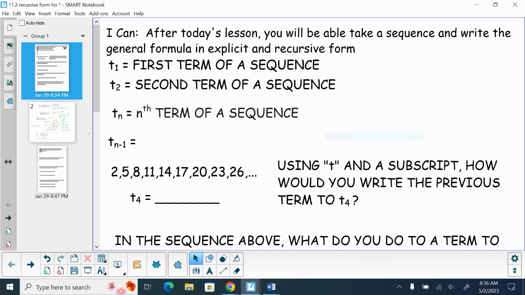Tn is the nth term of a sequence. I'm looking for some nth term, the 20th term, the 50th term, the 80th term, the 100th term. Whatever that term number is, that's my Tn.